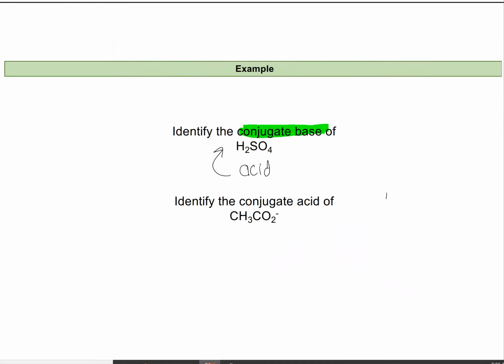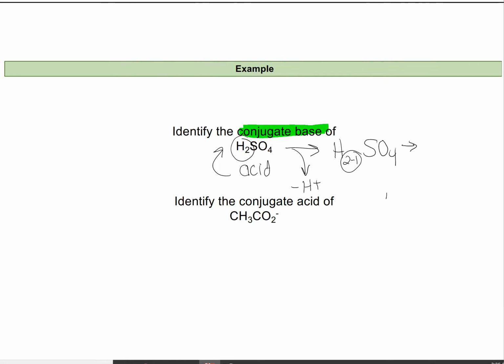This is sulfuric acid. To determine the conjugate base, I am going to remove one hydrogen. So when I'm rewriting my chemical formula, I'm going to have 2 minus 1, then SO4.